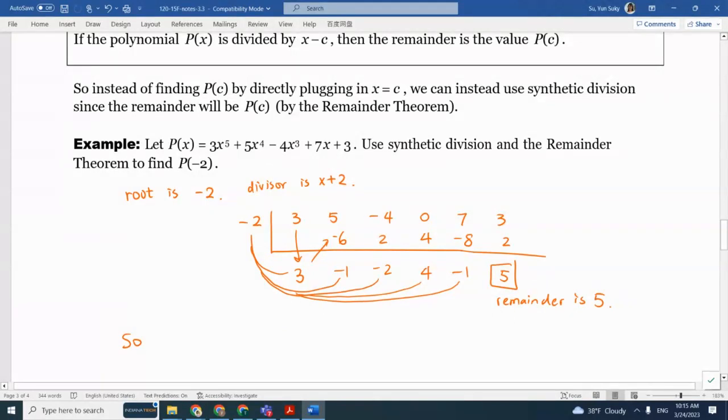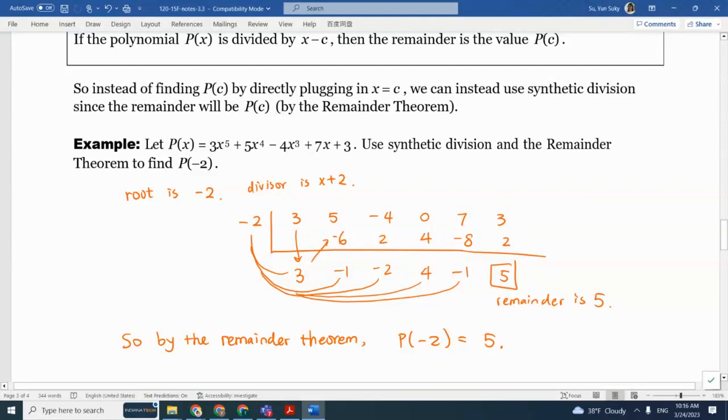Okay, good. So by the remainder theorem, P of -2 is the remainder, which is 5. So far, so good, everybody? Okay, so this is the example.